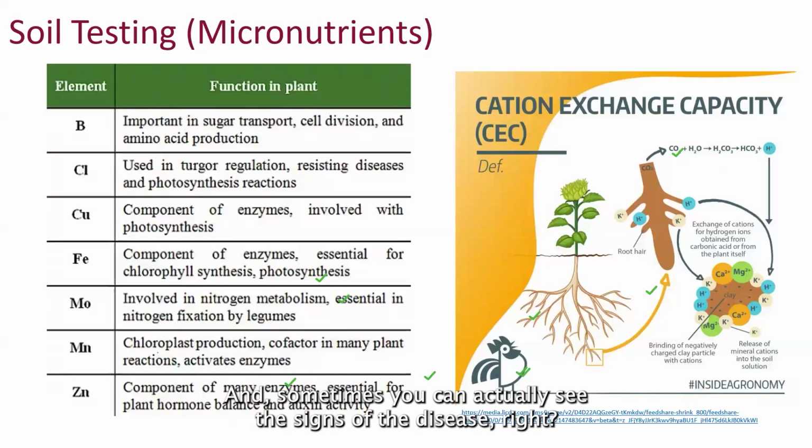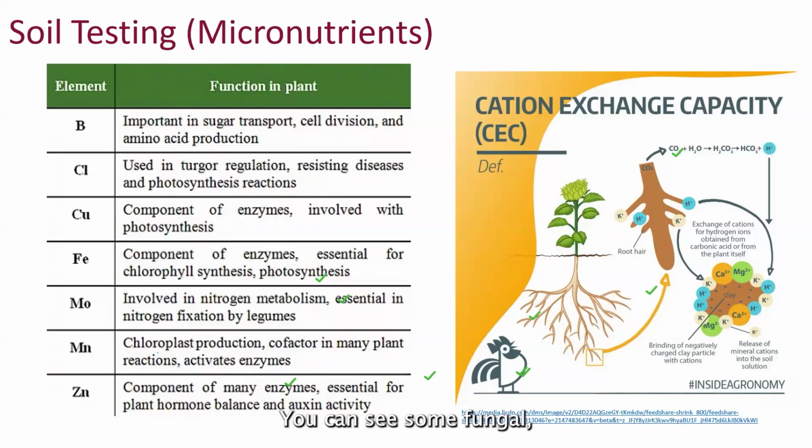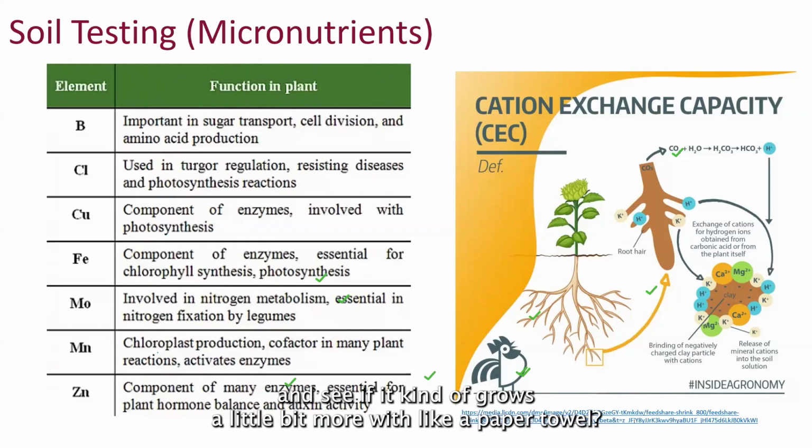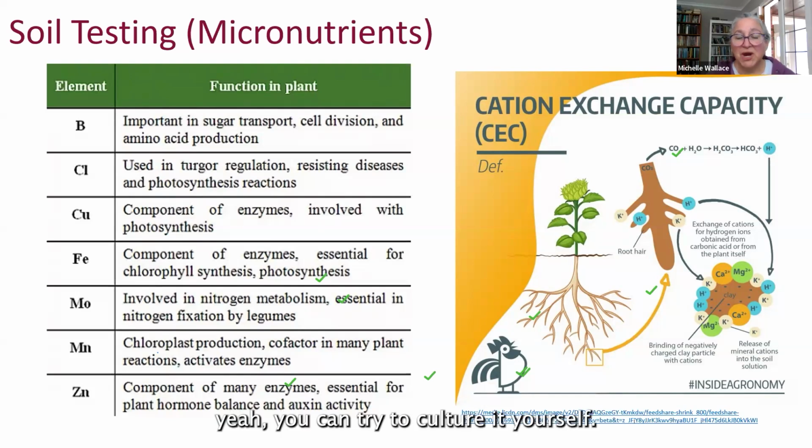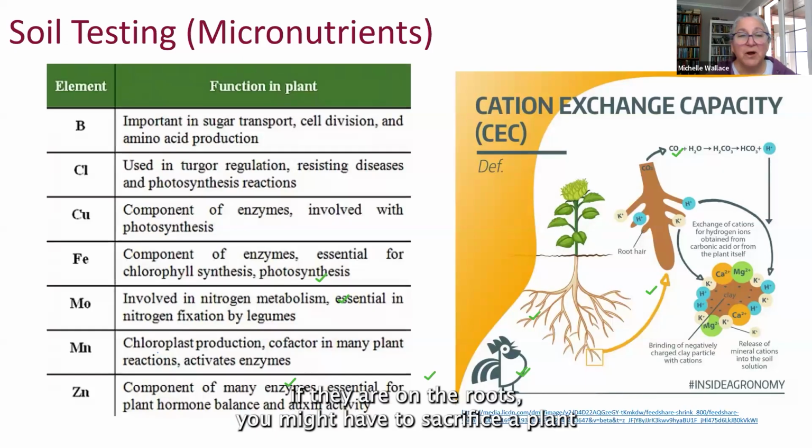Absolutely. And sometimes you can actually see the signs of the disease. You can see some fungal threads or different reproductive parts of the disease. You can also put a sample in a plastic bag with a paper towel and see if it grows a little bit more, so you can try to culture it yourself. With some disease problems on the roots, you might have to sacrifice a plant to see the little nodules, like nematodes on the roots.